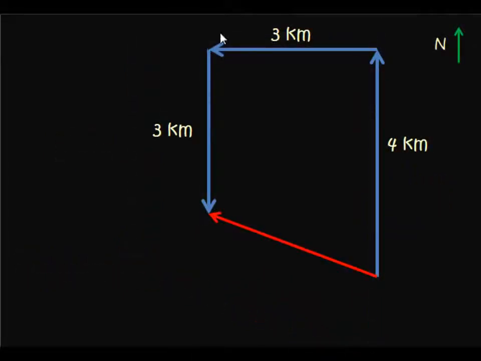While this is not a triangle, we can actually make this a right triangle by adding a line right here. So now this is a right triangle. We know the length of this side is the same as the length of this side, or 3 kilometers.